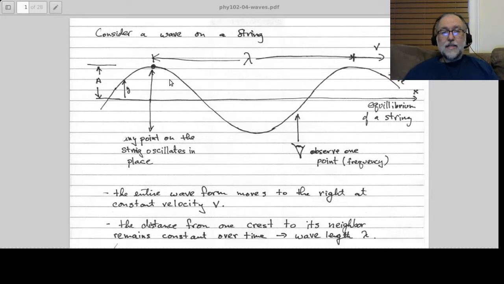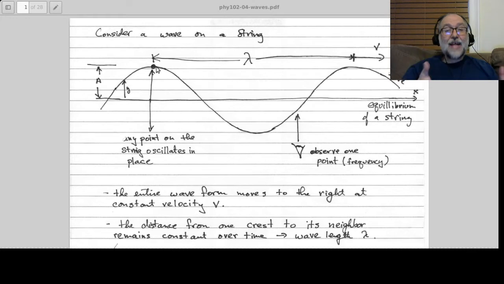So it's not that, as this collective phenomenon moves through the string, the molecules are actually moving to the right with a velocity v. Each molecule stays in place on the string, but just oscillates up and down.